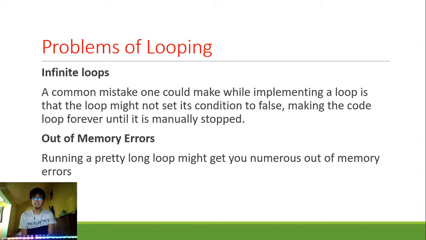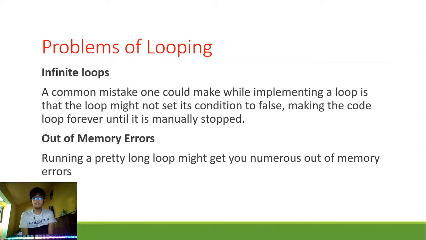The result is that the loop repeats continually until the operating system terminates the program with an error, or until some other event occurs, such as the program automatically terminating after a certain duration of time. Running a long loop might also get you numerous out-of-memory errors.